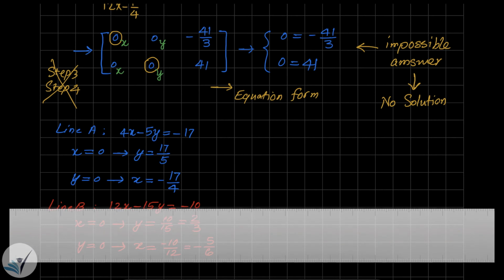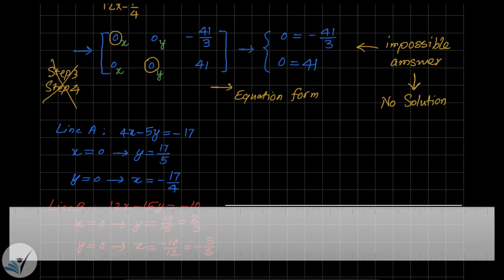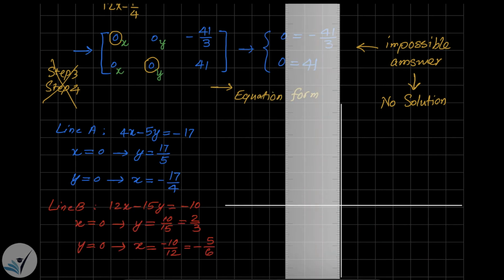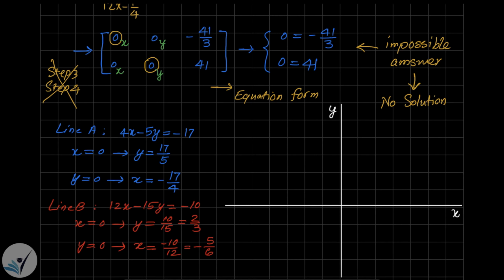Let's draw these two lines. So line A, we have x equals 0, y equals 17/5. Let's say it's this point here. When y equals 0, x equals negative 17/4.